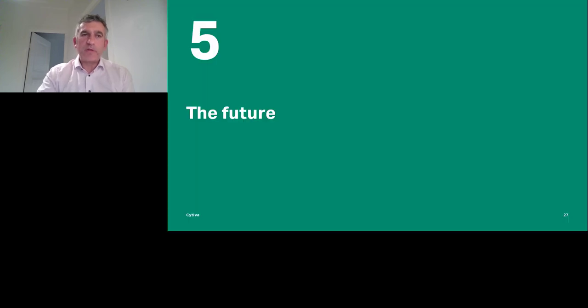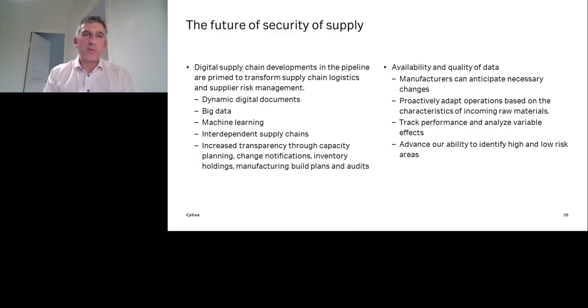So when it comes to the future, in terms of security of supply, we see a few things at play. First of all, the digital environment is going to be a key enabler in this space. There are developments in the pipeline, and they're potentially going to transform the way supply chain logistics, supply chain transparency, and supplier risk management is handled.